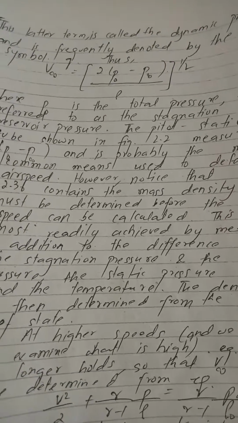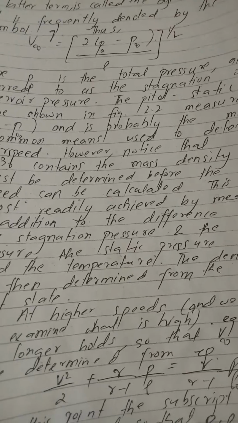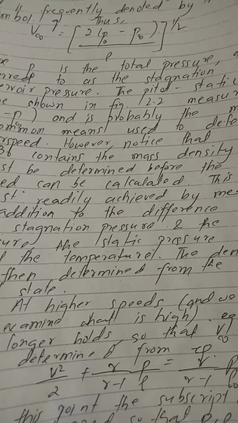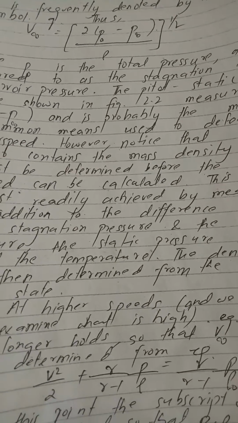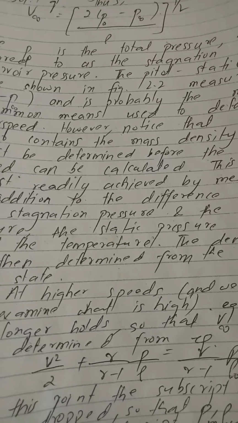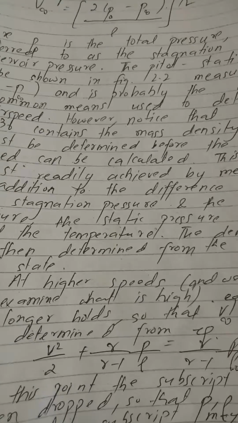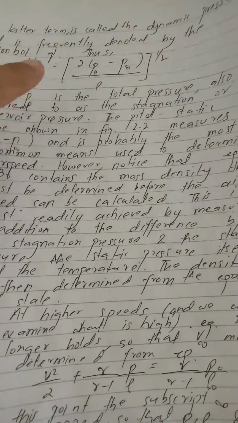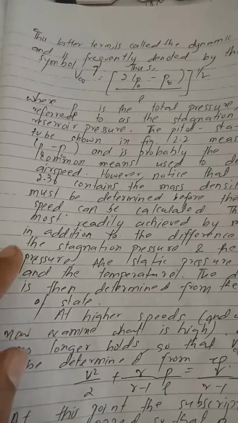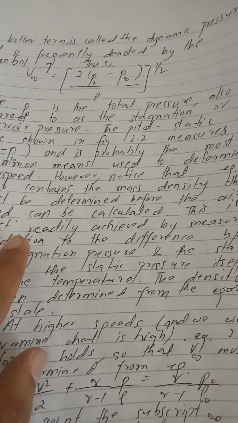This q is normally known as the dynamic pressure. The pitot static tube measures p0 minus p and is probably the most common means used to determine airspeed. However, notice that this equation contains the mass density.